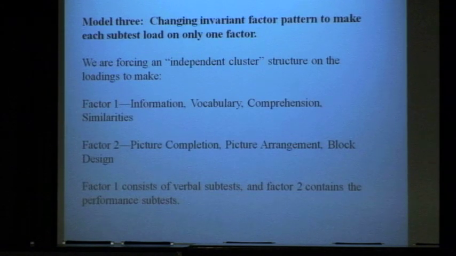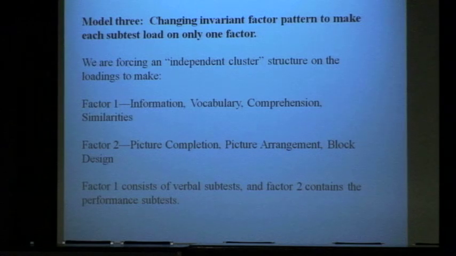The next step, I wanted to see if I could force the loadings so that I get 2 factors that are pure, just one variable. Each variable loads on only one factor. Sometimes we call this an independent cluster structure. We like to have this because that means that each variable is primarily influenced by only one factor, even though across variables you have more than one factor.